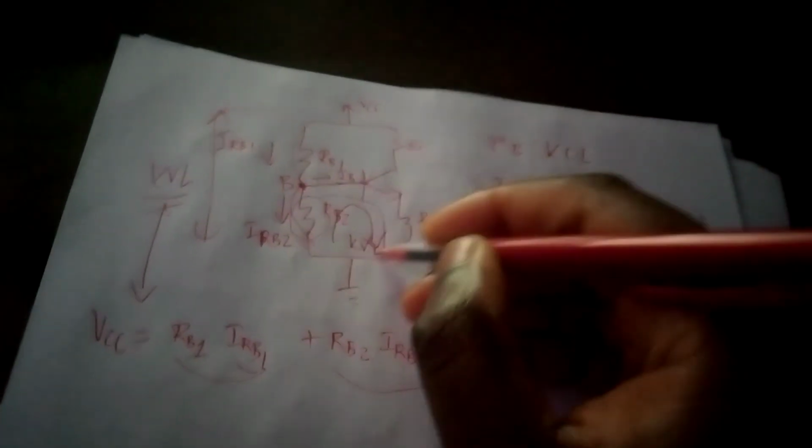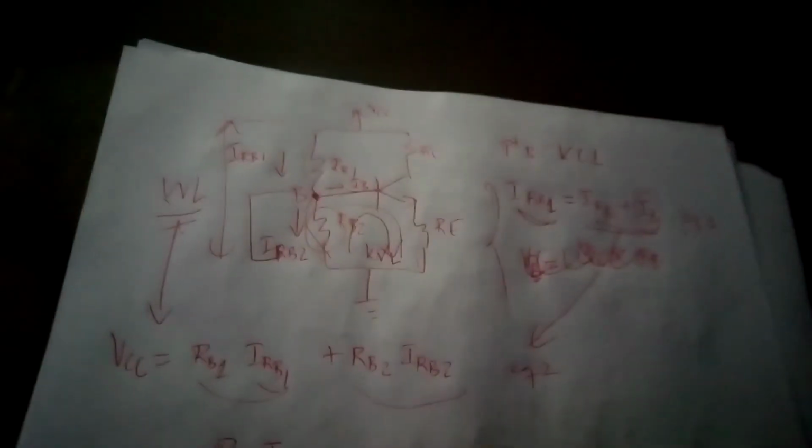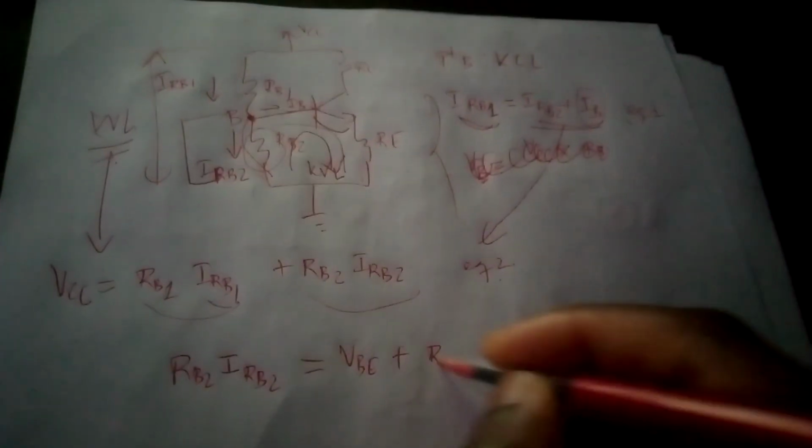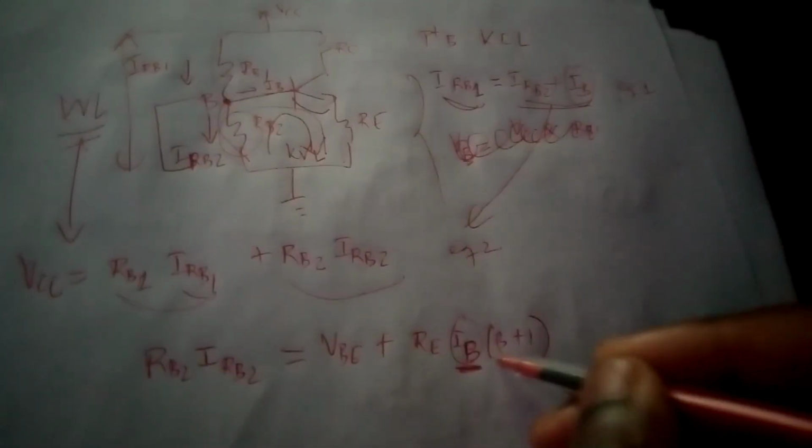The third equation has to do with this loop here. If you apply Kirchhoff's voltage law in that loop as well, you'll see that RB2 times IRB2, which is the voltage drop there, should be equal to VBE plus RE times IE. Of course, IE will look like a fourth unknown, but you can convert that into IB times (beta plus 1) to make it a single unknown because we know beta.